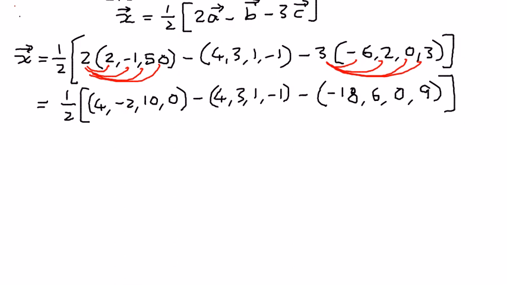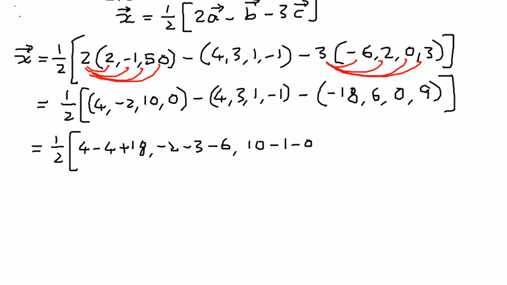Now it is just a matter of combining all of the components inside, and the way to do that is as follows. 1/2 of, we take the first component of the first vector, second vector, and third vector and combine them. So 4 minus 4 plus 18, comma, negative 2 minus 3 minus 6, comma, and then 10 minus 1 minus 0, and then we have 0 plus 1 and then minus 9.